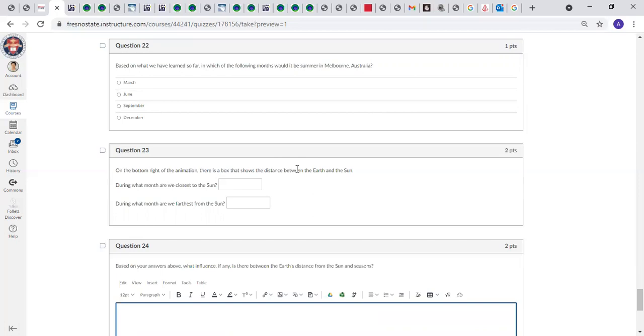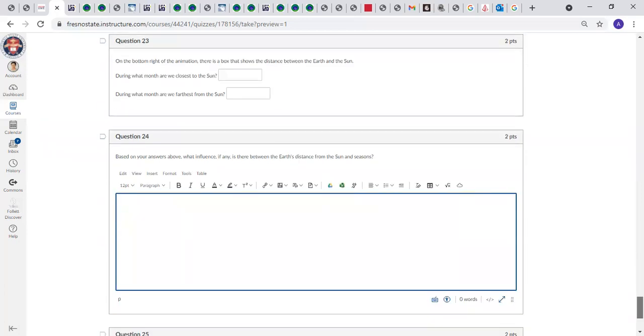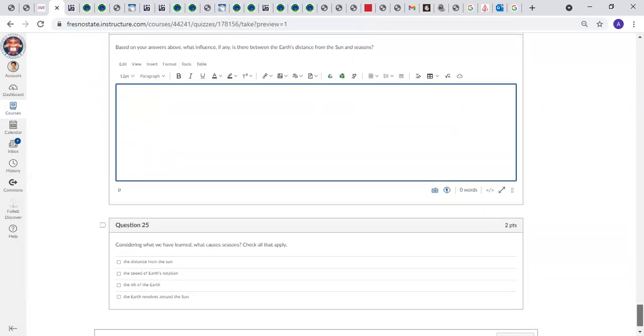What month is that distance the longest? And so that question is pretty much trying to show you what months the Earth is closest to the sun and what month is it furthest from the sun. And that'll kind of tie into seasons and whatnot, which is what 24 is. 24 is going to kind of be a cumulative of that as well.